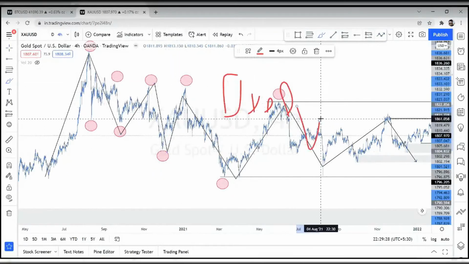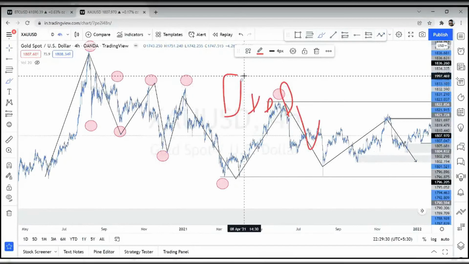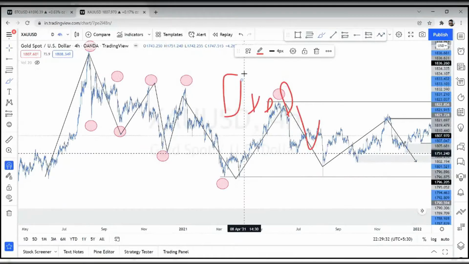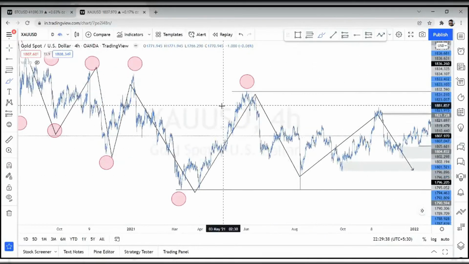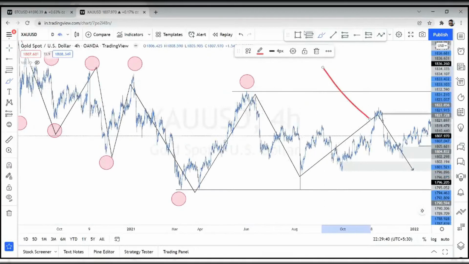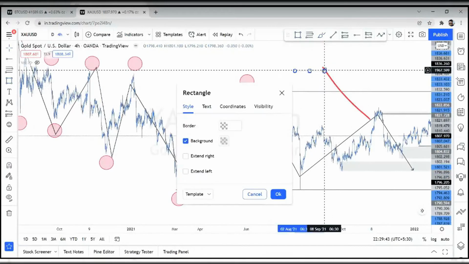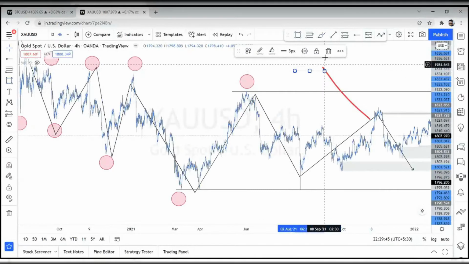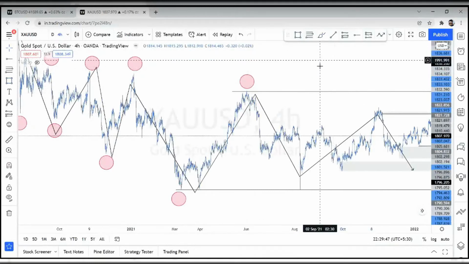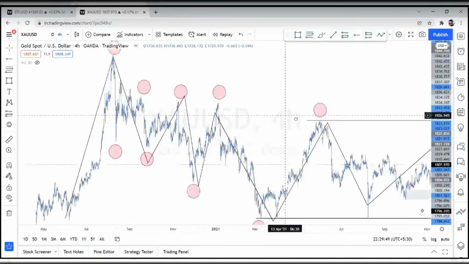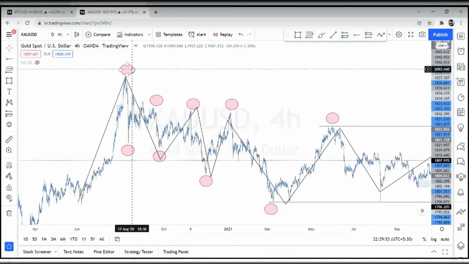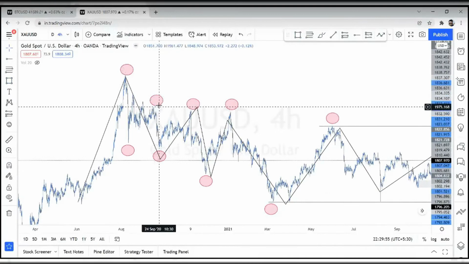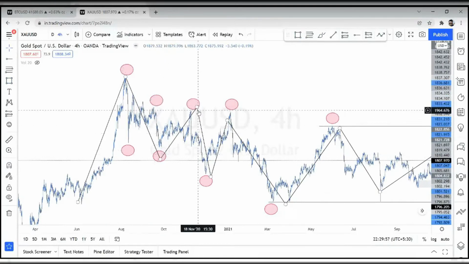So this same thing applies in every time frame, in every analysis, whether you are doing this on a 5 minute chart, a 1 hour chart, or a monthly chart, everything applies the same. And see, on gold, this is the higher high, higher low, lower high, lower low, lower high, lower low, lower high, lower low.